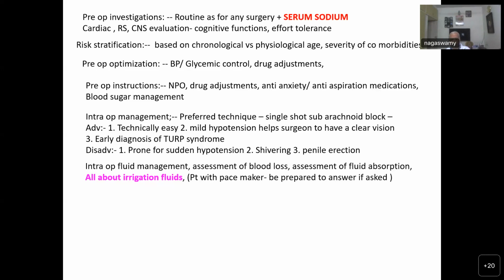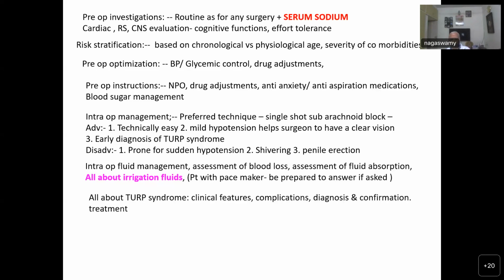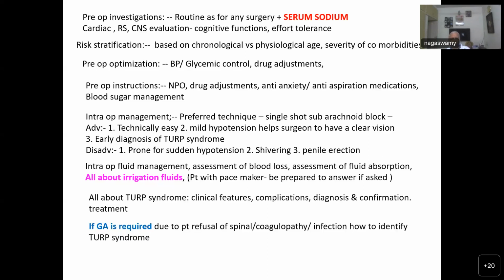And sometimes from this, suddenly they may ask about a patient with a pacemaker and the importance of pacemaker in a patient coming for TURP, and all about TURP syndrome, clinical features, complications, diagnosis, confirmation, and treatment. And if GA is required, the reasons are patient may refuse spinal or there may be coagulopathy, infection.